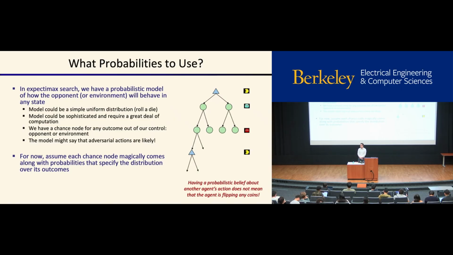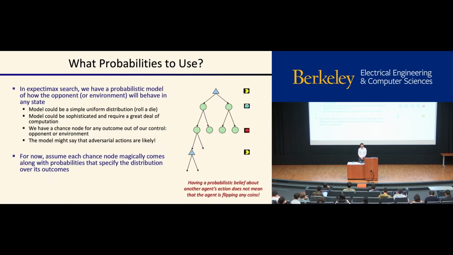These probabilities can be used to model anything from actual randomness in the world, like random dice, to the fact that we just don't know how our adversary is going to behave. And it can get quite complicated. The model might say that the adversary is likely to make a minimax calculation, but it might not. We can combine these ideas together.